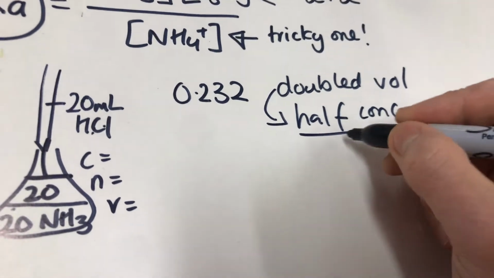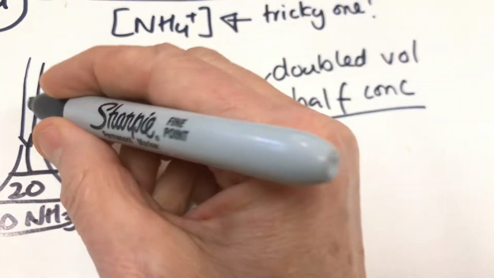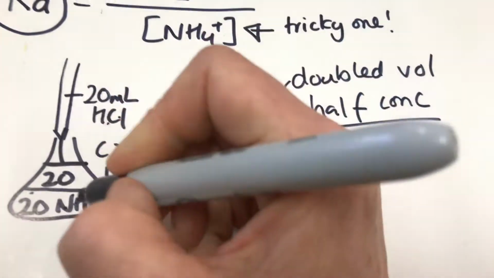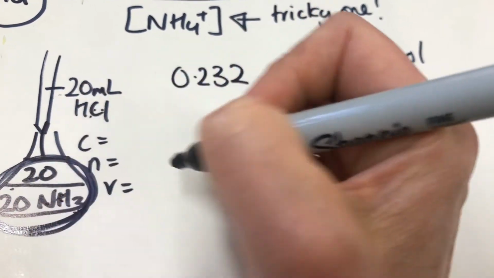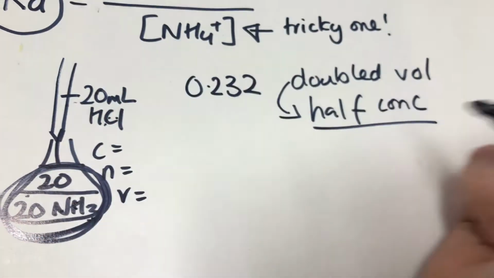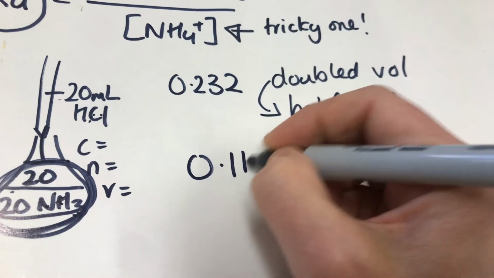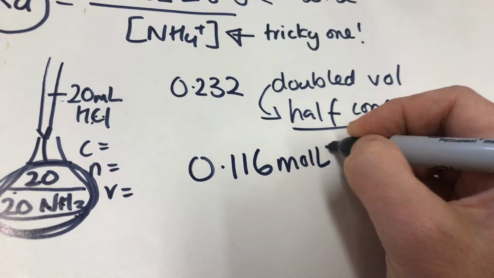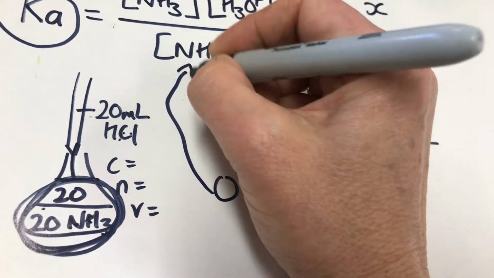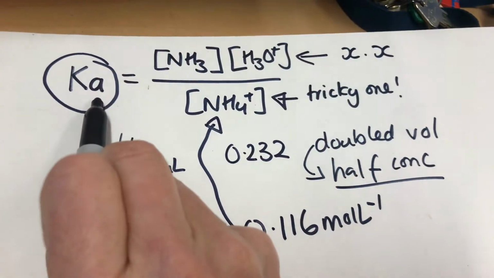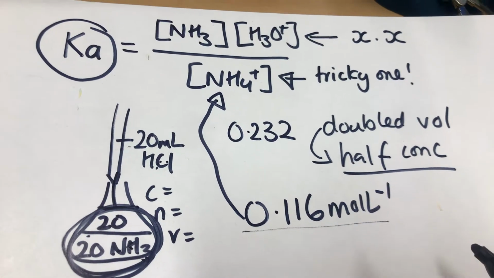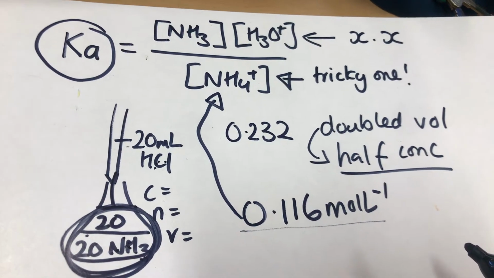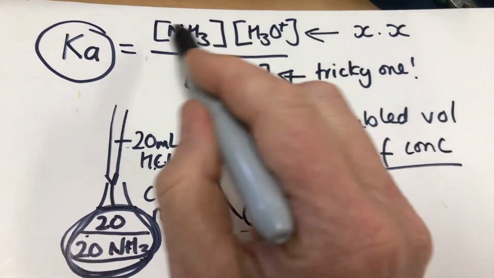So the products are going to be half as concentrated as the original substances, because they are sitting in 40 mils, whereas our original substances were in 20 mils. So 0.116 moles per litre is the number that's going to go in here, right? So the Ka from the question, x squared, and now we know that it's half the original concentration because of the doubled volume.